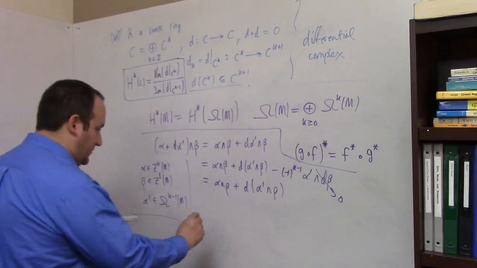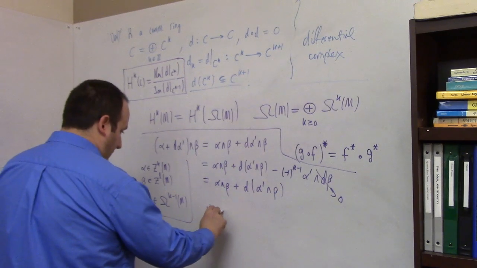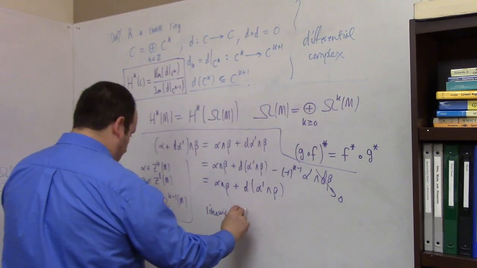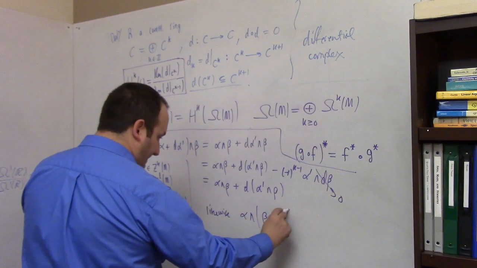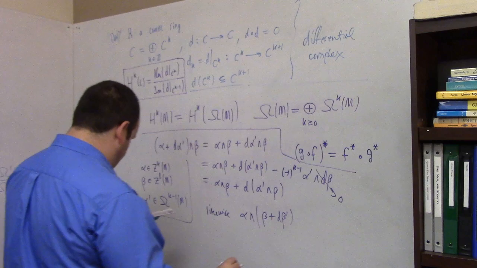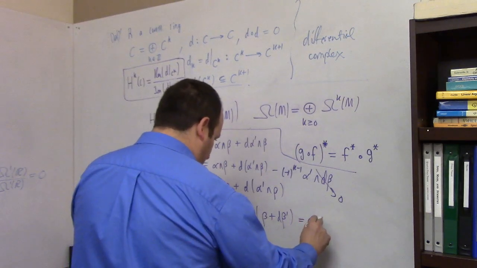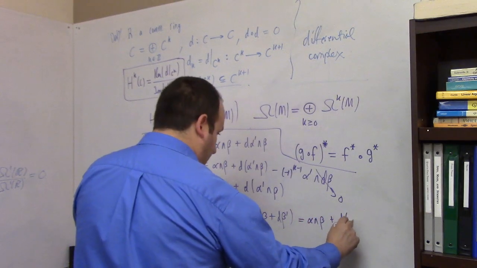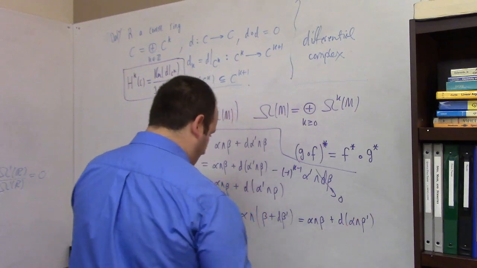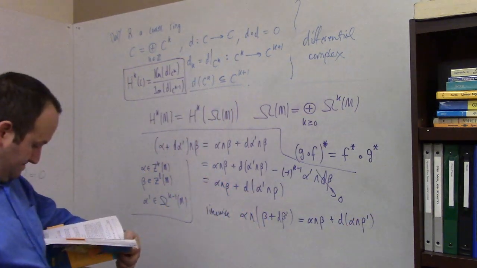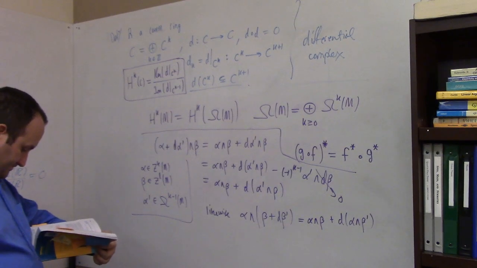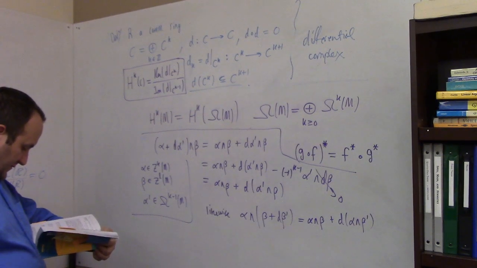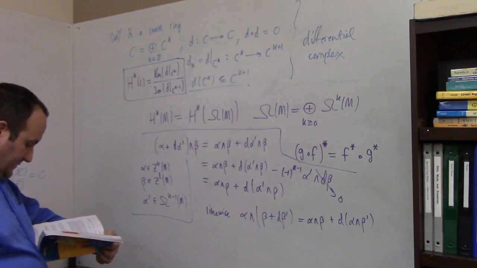He says similarly, likewise, if we take alpha wedge beta plus d beta prime, we can prove that that's equal to alpha wedge beta plus the differential of alpha wedge beta prime, right? So he says we can define a product.